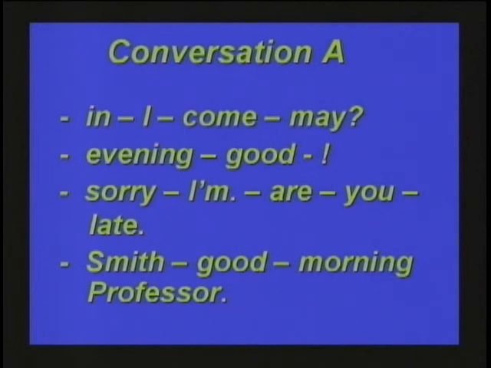Conversation A. En este caso aquí tienes las palabras desorganizadas. La primera oración nos dice in, I, come, may. La segunda, evening, good. Fíjate que en este caso aparece un signo de exclamación. Recuerda que en inglés los signos de interrogación y de exclamación solo los colocamos al final de la oración.